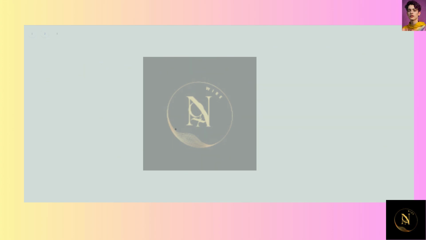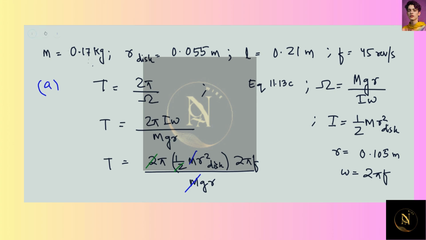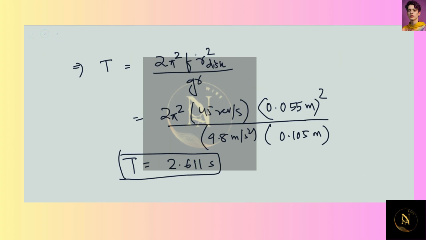Now for part B, we have to find the ratio if the radii are doubled. Now we will use the relationship, this one that we derived. So let me put it in a box.